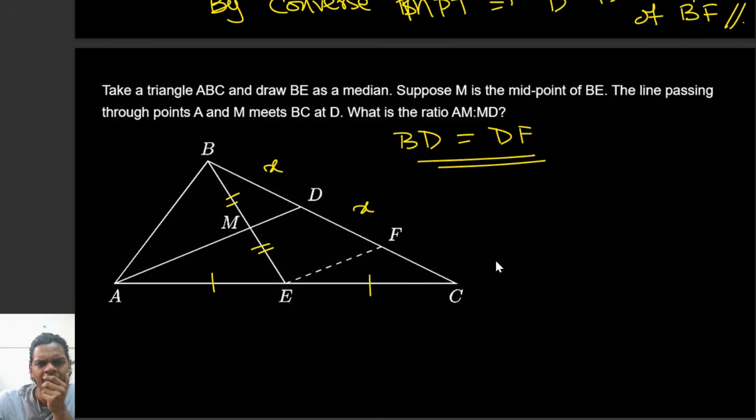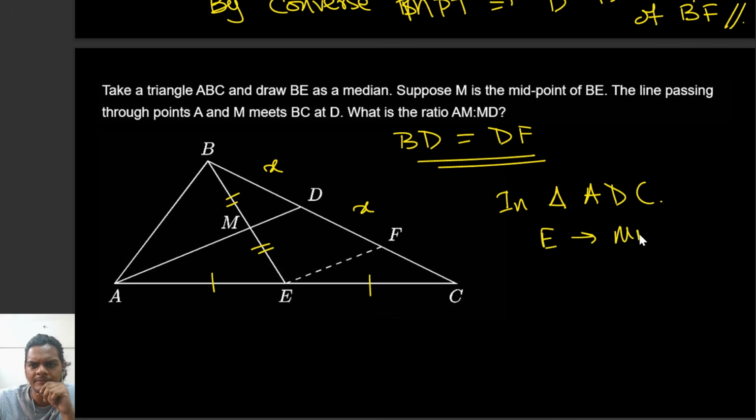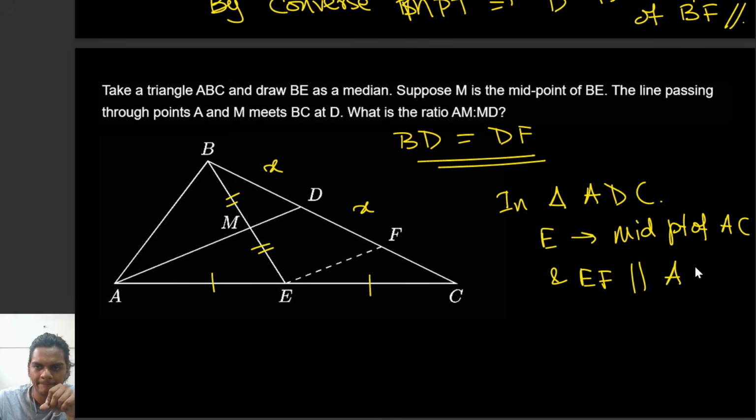Now, we can find something similar happening in the lower triangle. What is the lower triangle? In triangle ADC, again, E is the midpoint of AC and EF is parallel to AD.